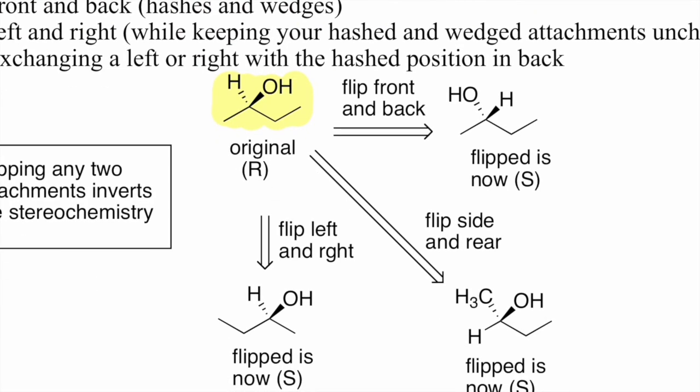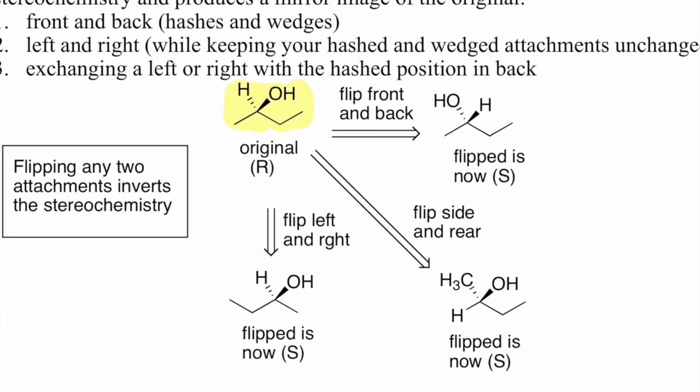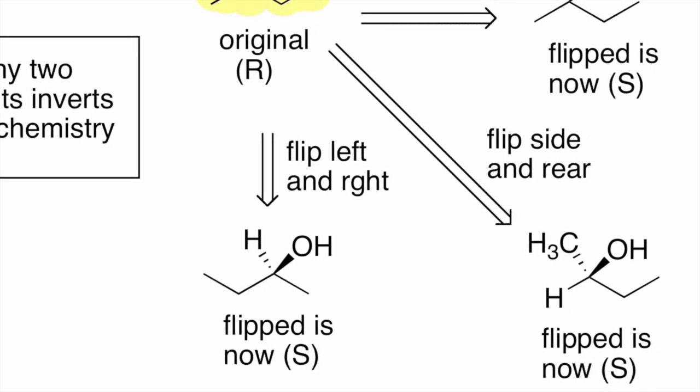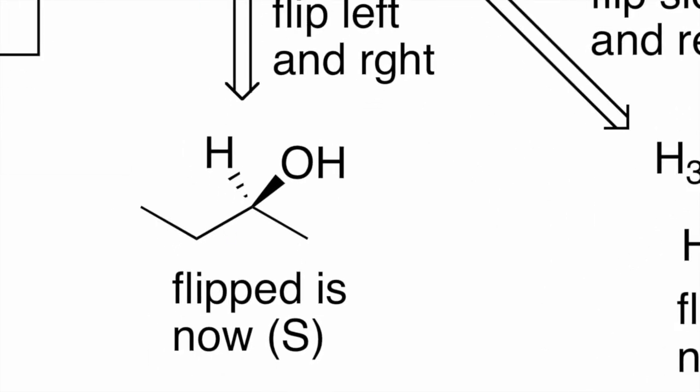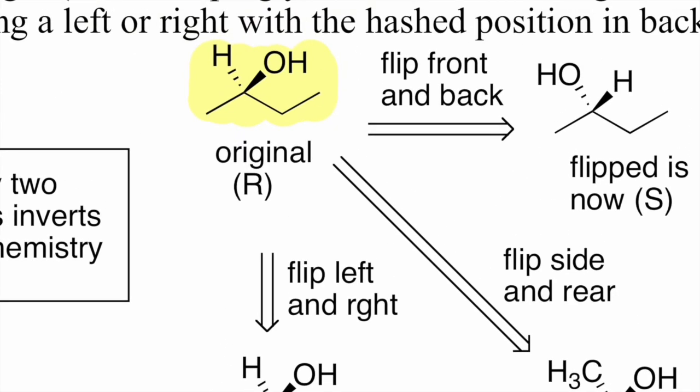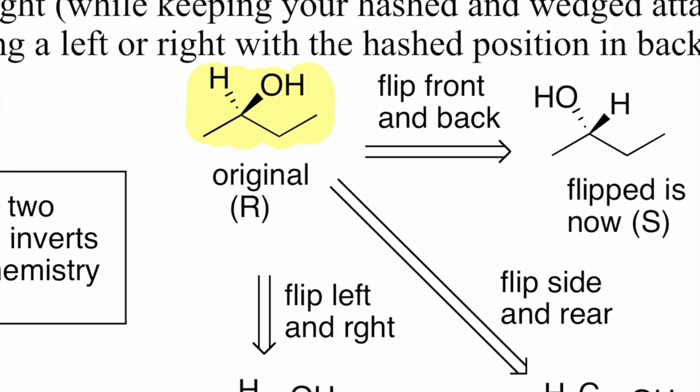What happens is if I flip, let's see, which one do we want to do first? Let's say I flip this one. So if I flip the H and the OH, oh sorry, no, actually I'm flipping the butane here. So when I say two things, what I have is 1, 2, 3, 4 coming off of my carbon.